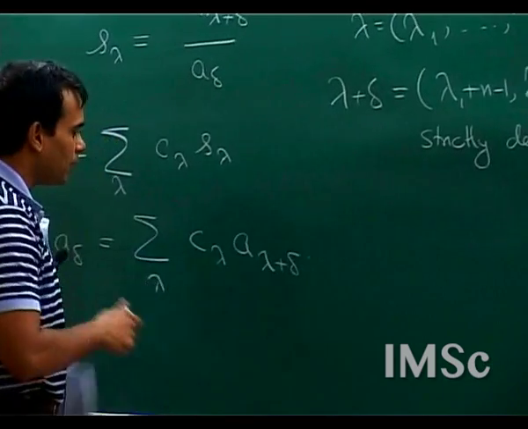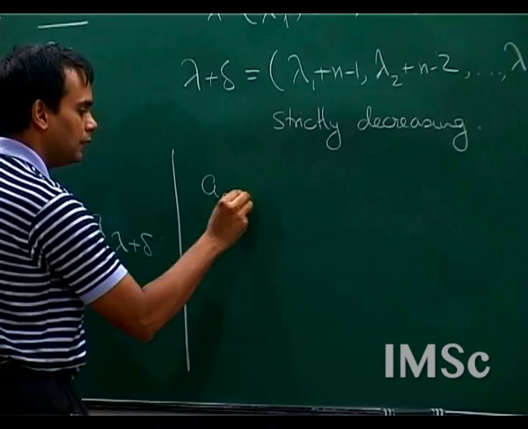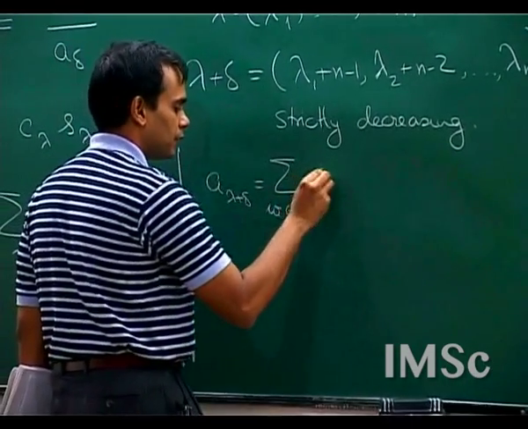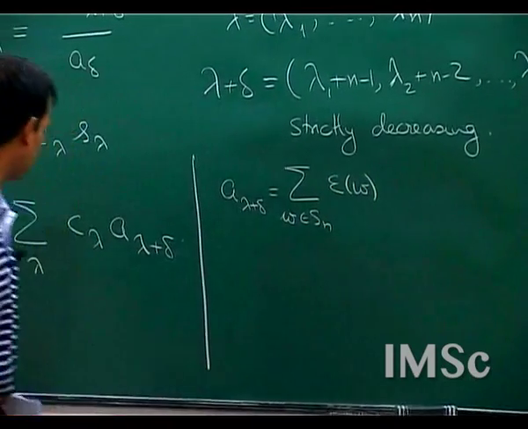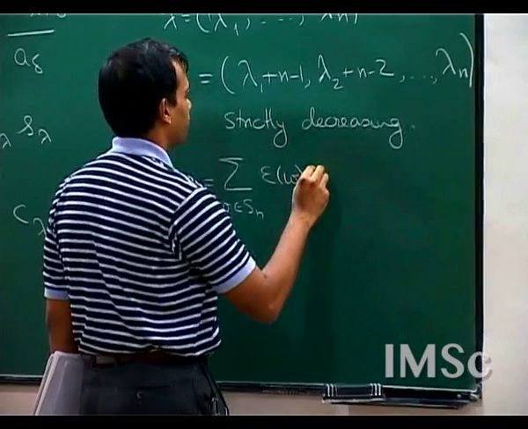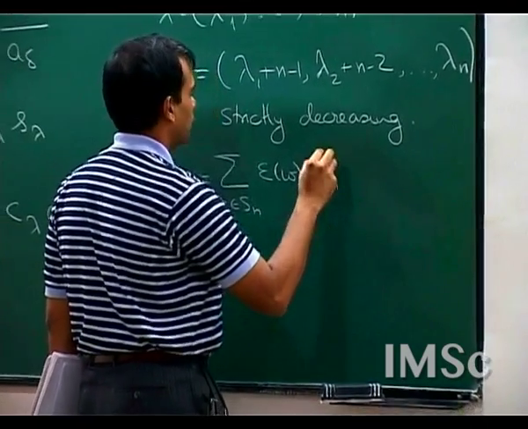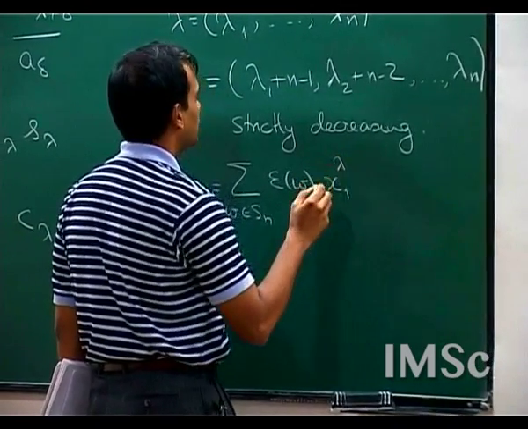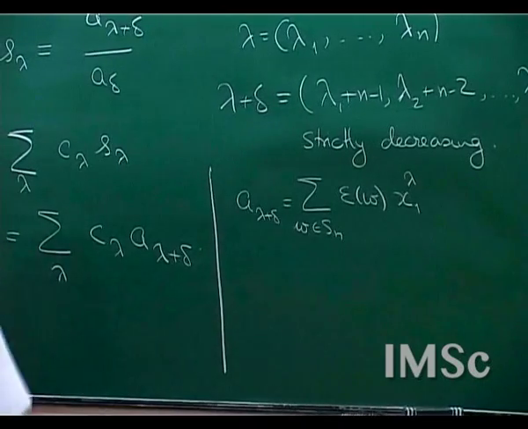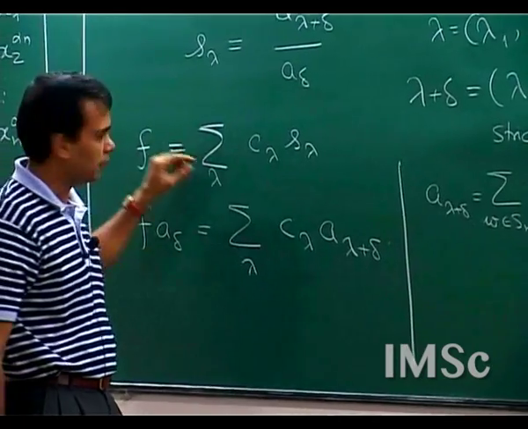So what is this a lambda plus delta? I'll just do it around here. A lambda plus delta is the sum over all permutations in Sn, sign of the permutation, it's plus or minus 1, and then x1 to the power. Here f is some symmetric function which I've written as a linear combination of Schur functions.